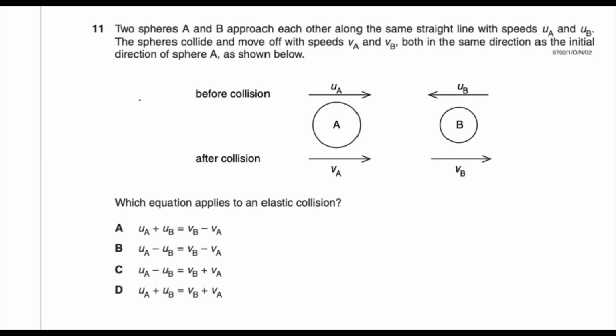But it is tricky because of this. The moment when we learn the formula, we have to know that UA minus UB equal to VB minus VA.